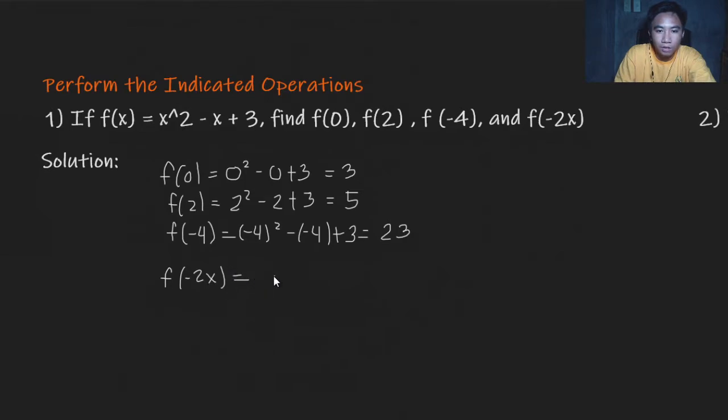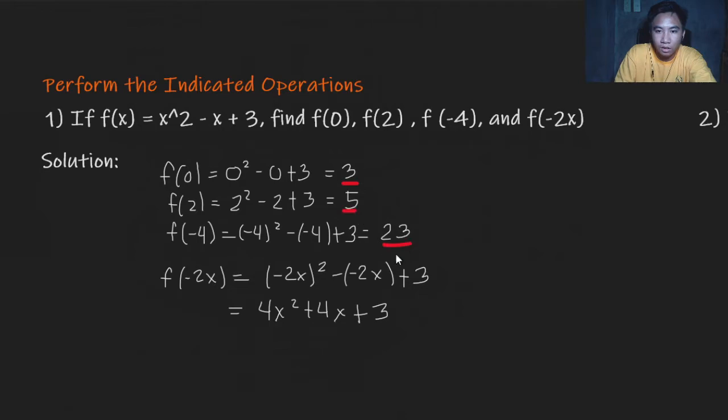So, negative 2x squared minus 2x minus negative 2x plus 3. So, the answer will be 4x squared. Negative times negative becomes positive. 4x plus 3. So, that will be the answers.